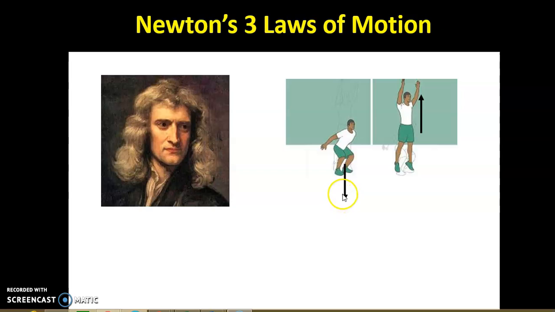Now the equal and opposite reaction here is the ground then propelling him upwards and creating the same force. It's equal. So the force that he applies downwards is the amount of force that the ground will accelerate him upwards. And this can be said for running as well.